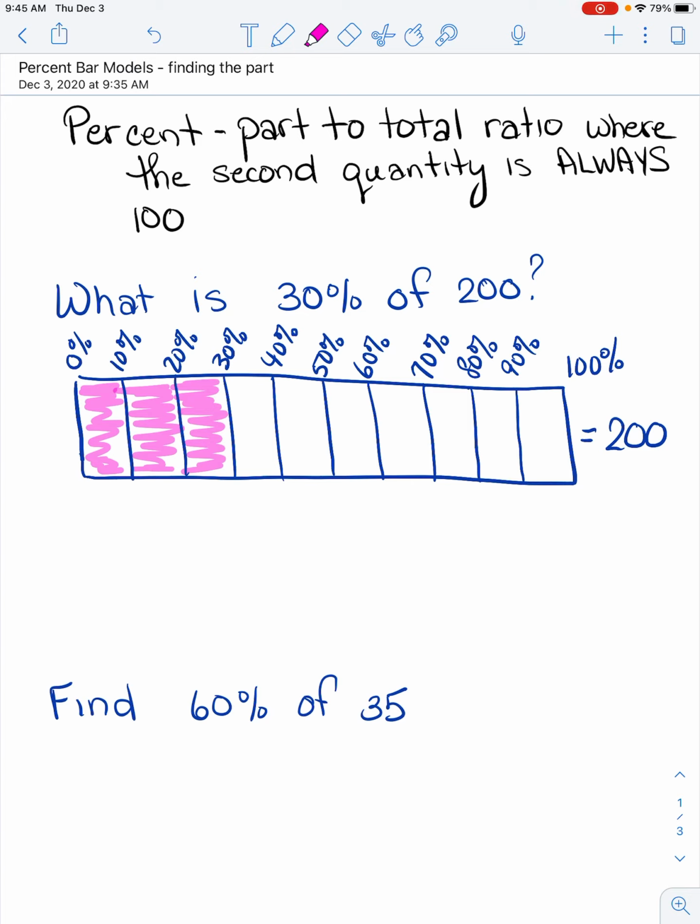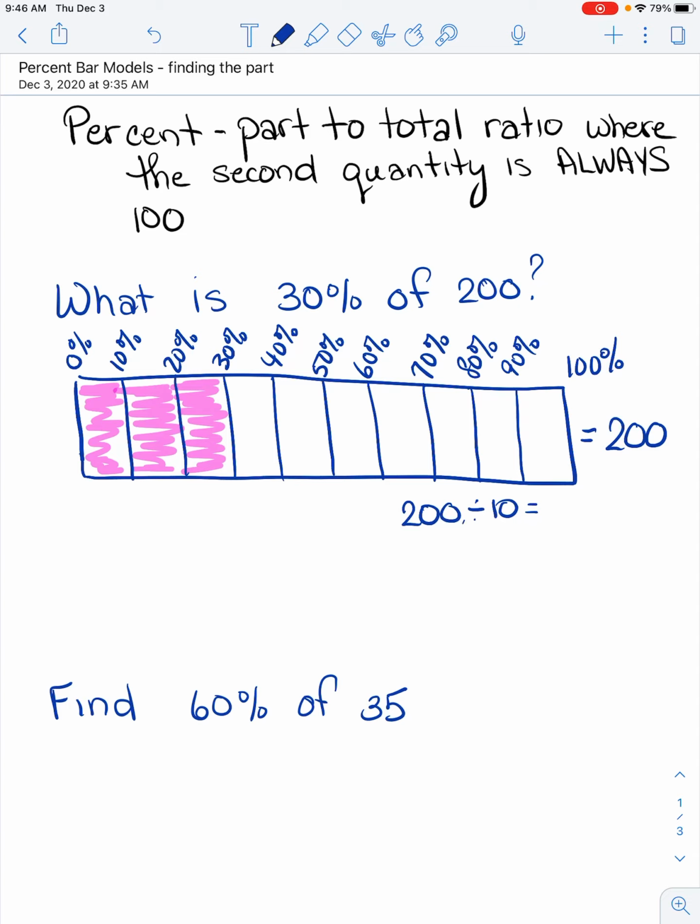Well, when we've done ratios and tape diagrams, what we know is that when we take a rectangle and divide it into equal pieces, each of those pieces has to represent the same amount. So if the whole thing is 200 and I divided this into 10 equal pieces, then the division is easy to do.